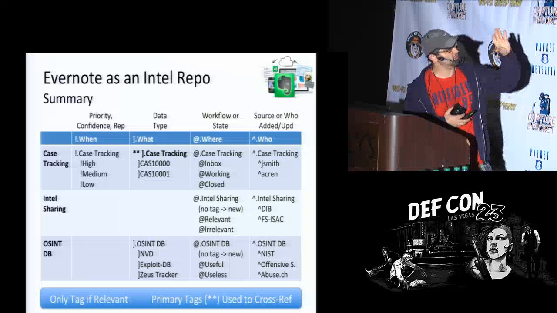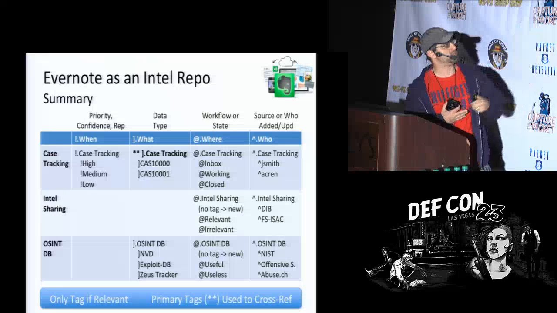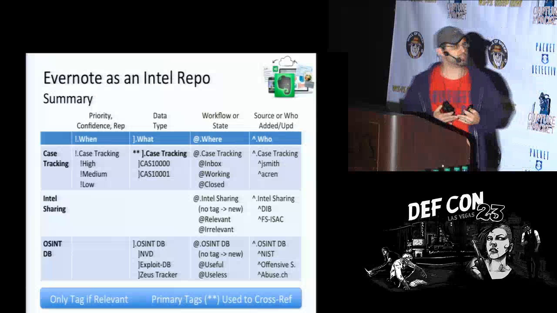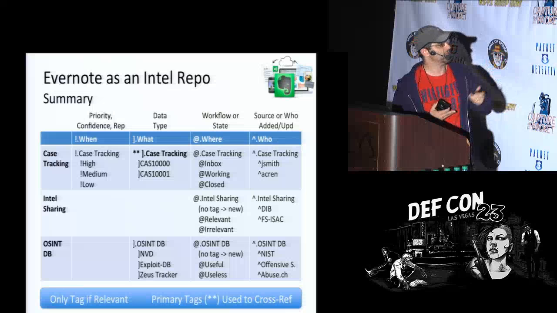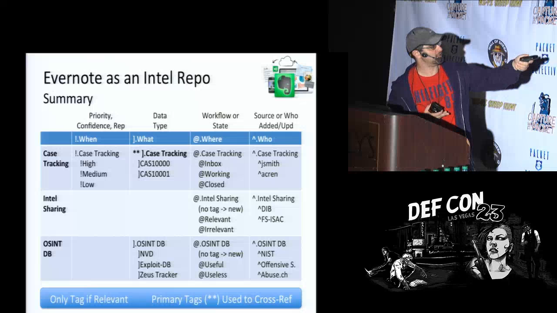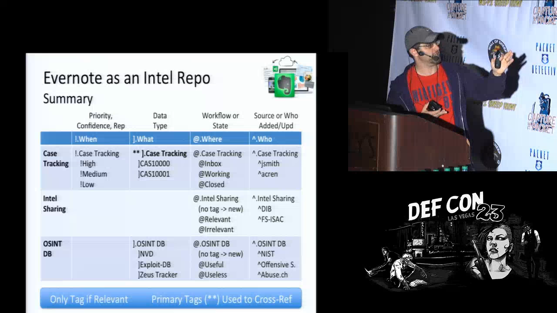And so I tried to customize it where "when" represents a priority or the confidence of the information that you got. The "what," you would have case tracking, and for the OSINT DB, you could have the source.